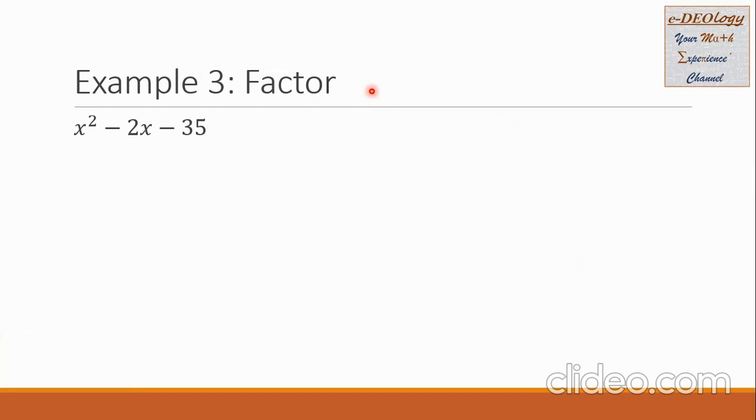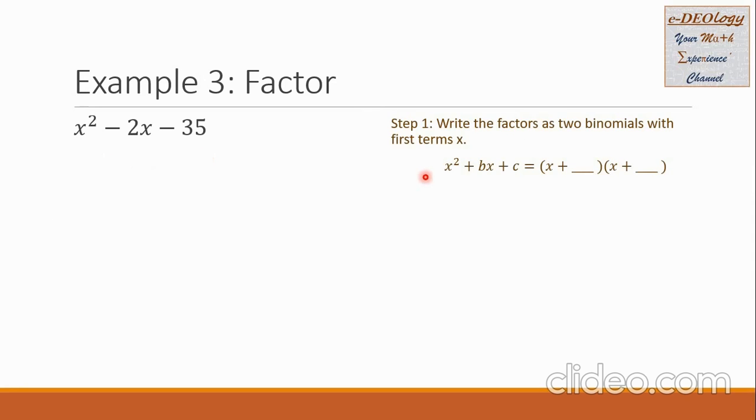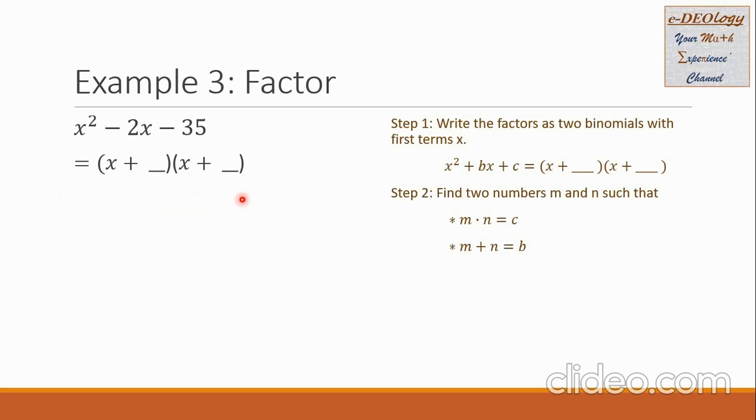Let us have example 3. Factor the trinomial x squared minus 2x minus 35. Step 1. Write the factors as two binomials with first terms x. So here it is, x plus blank times x plus blank. And then let us find two numbers, m and n.